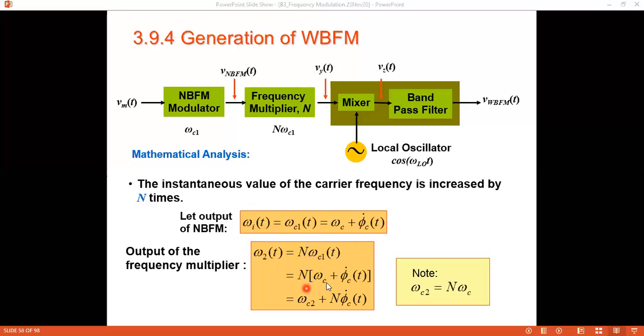So it's equal to n omega C plus n phi C dot(t). Then it becomes omega C2 plus n phi C dot(t), so our omega C2 is also equal to n omega C. So here we see how after the multiplier, our operating frequency is multiplied by n.